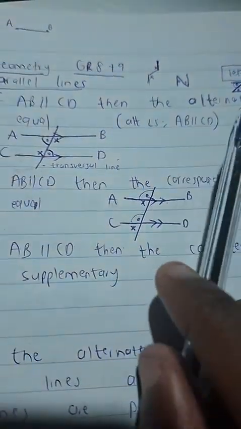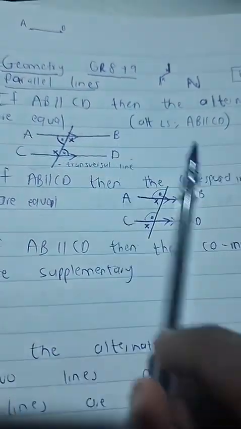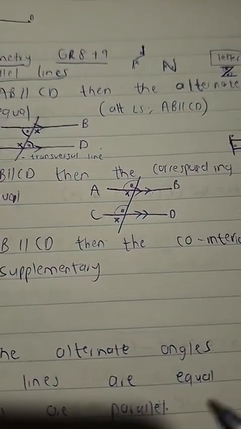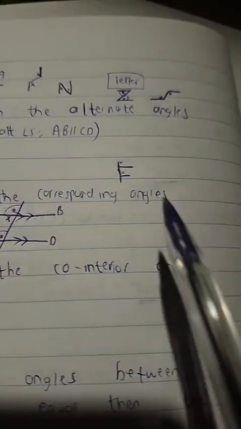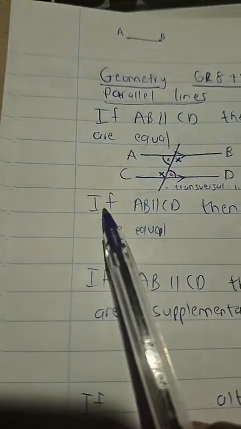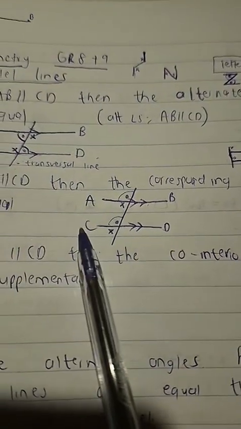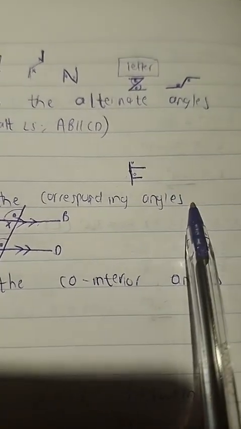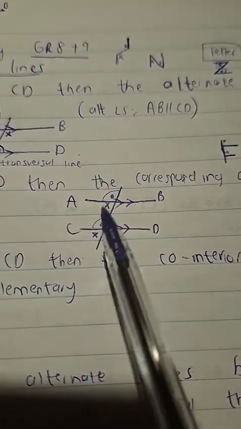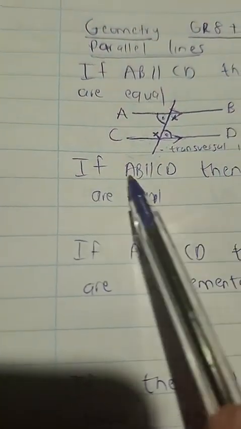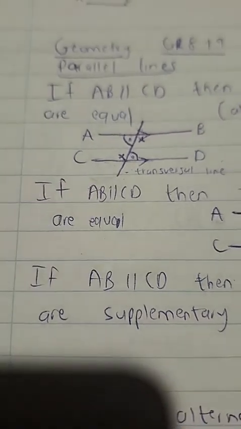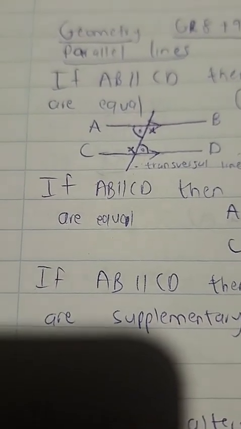Top, we are equal, on the same side of the transversal line. Very important. That is corresponding angles. So if AB is parallel to CD, then the corresponding angles, which angles? The top angles and the bottom angles are what? Are equal.